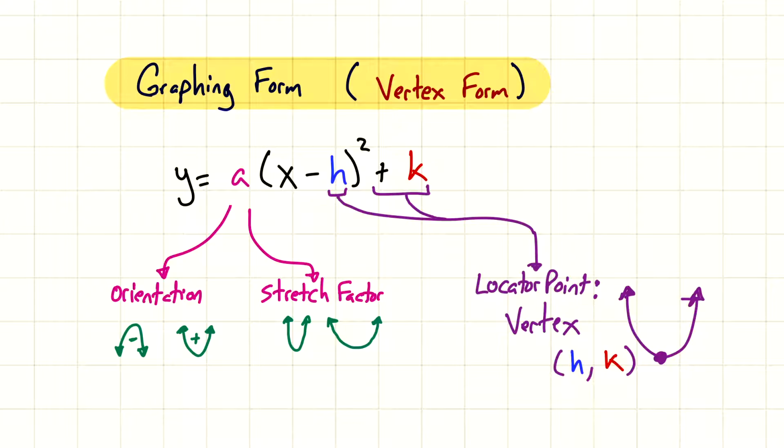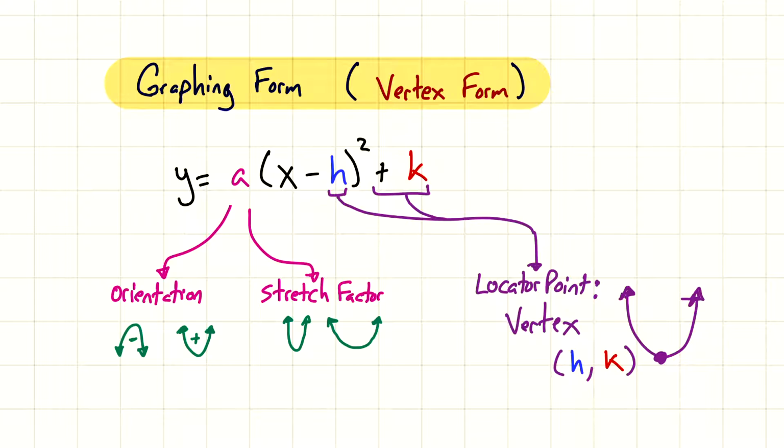When we talk about different functions, that'll be very similar to this. More commonly, we'll use locator point, but on a parabola, we'll be more specific and call it a vertex. Kind of like with quadrilaterals. Quadrilateral is a general name, but then there are more specific names for the other quadrilaterals, like square, rectangle.